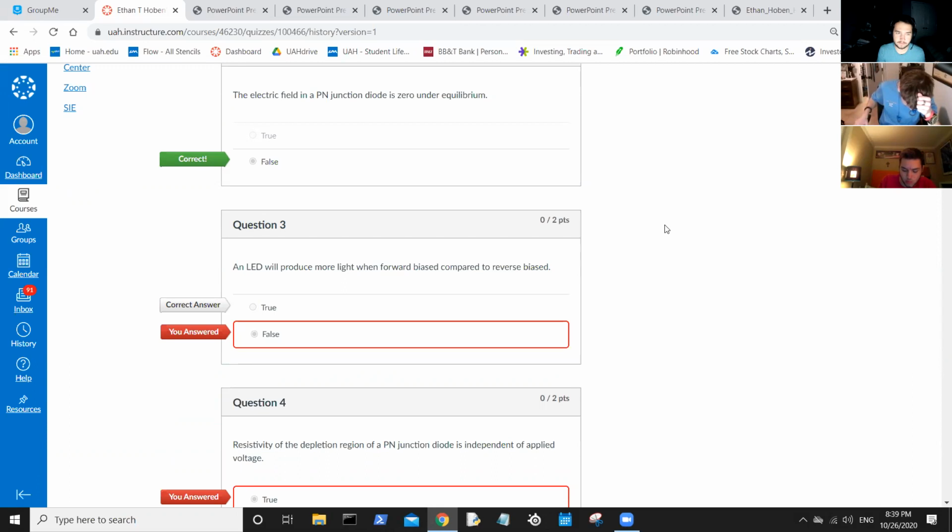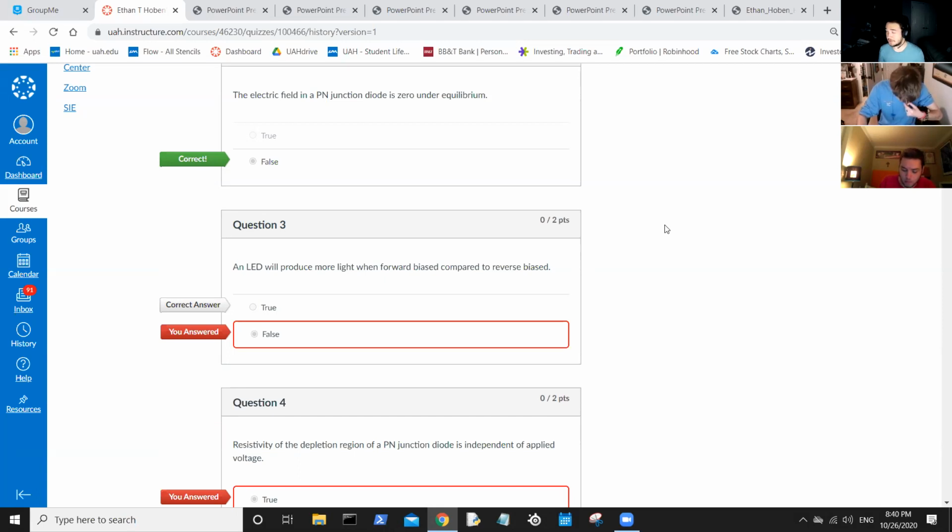Well, it turns out that's not correct here, because what happens with an LED is I believe it's generating photoelectrons. So if you want to generate the most possible light, you don't necessarily care about the magnitude of your electric field. What you care about more is the magnitude of carriers traveling through that diode, through that junction. So the more charge that's moving through these junctions, the more photoelectrons you'll produce. So if you want to produce the most light possible, you want the most carriers traveling through it. Therefore, you want it forward biased.